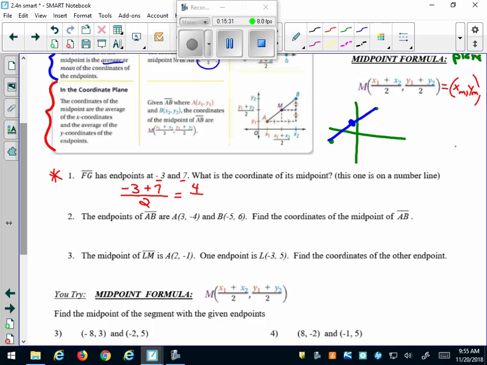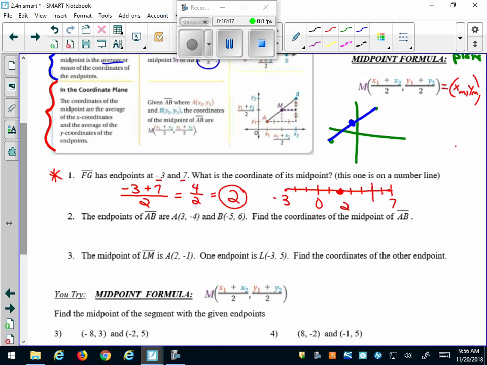That's 4 over 2, which is just 2. So the average, or the halfway point, or the midpoint on a number line of -3 and 7 is 2. That's 5 away from -3, and it's 5 away from 7. You guys see that?